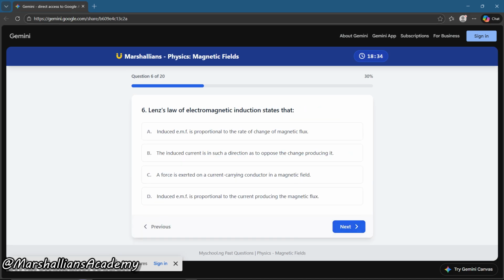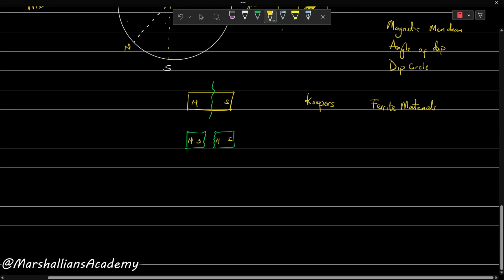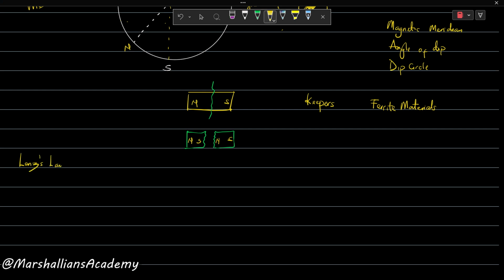That's the answer. What does Lenz's law of electromagnetic induction state? In simple terms, Lenz's law tells us that when you move a conductor or a magnetic field relative to one another, it means you could move the conductor towards or away from the magnetic field, or you could move the magnetic field towards or away from the conductor.